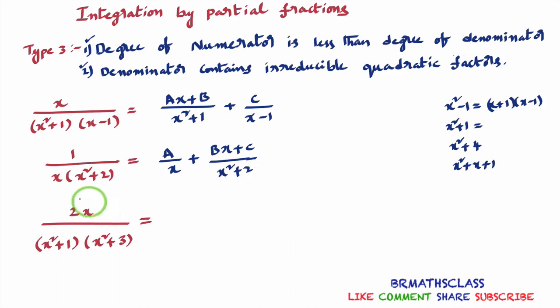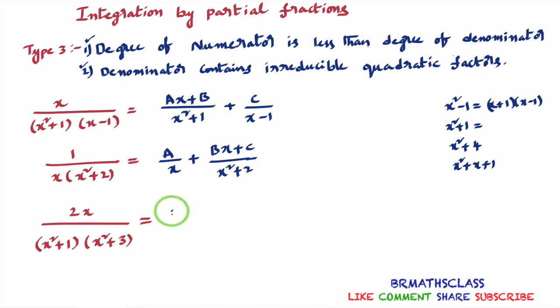Now you see this third example. First condition satisfied or not? Degree of numerator is 1. What about degree of denominator? When we multiply these two things, we will get that degree of denominator is 4. So degree of numerator is less than degree of denominator. Yes, correct. The denominator contains irreducible quadratic factors. You see here x square plus 1 is an irreducible quadratic factor. Yes, x square plus 3 is also an irreducible quadratic factor.